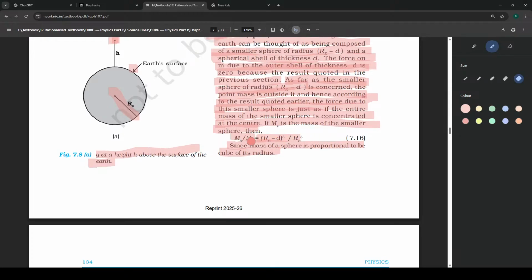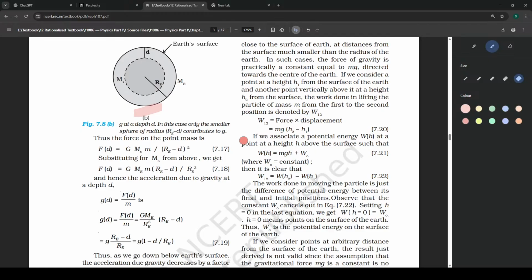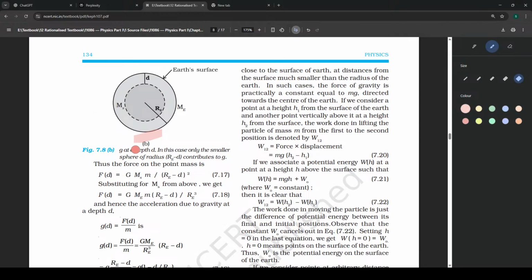Since the mass of the sphere is proportional to the cube of its radius, there is a diagram here. For g, that is the acceleration due to gravity at a depth d, in this case only the smaller sphere of radius Re minus d contributes to g, because the outer shell considers the point to be inside it, so the force due to it is 0.